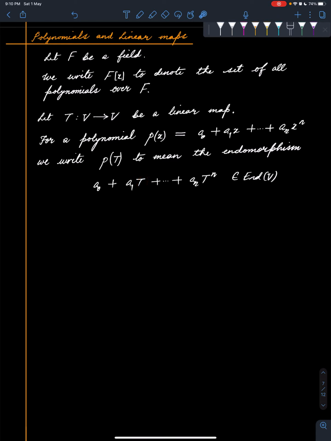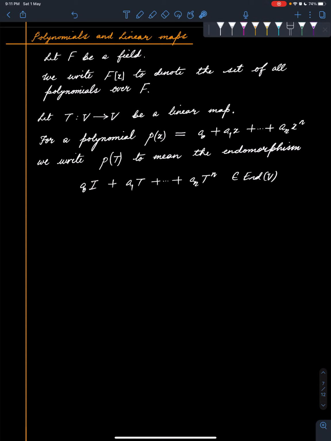One thing I should mention is that when we write a0, we really mean a0 times the identity. You can think of it as T to the power 0, but the correct thing to write is really identity. Many times one may just skip this and it is understood that it is present, but I would like to always write it.